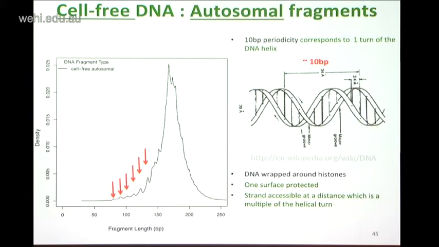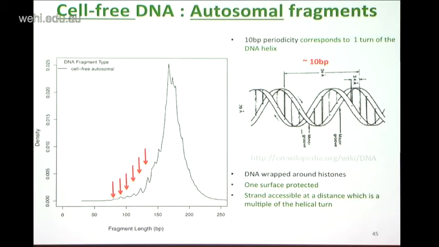So we can think of this as DNA being wrapped around a histone, so that one face of the DNA is protected by the histone. If an enzyme needs to cut this DNA, it's only able to cut at this distance, which is a multiple of 10 base pairs.